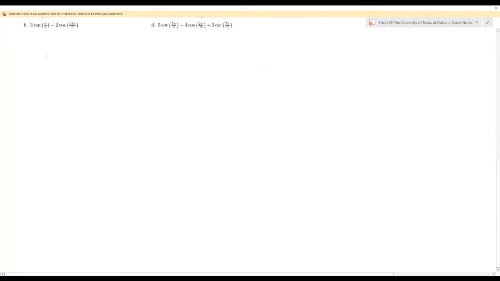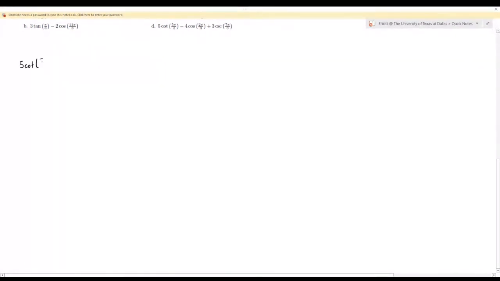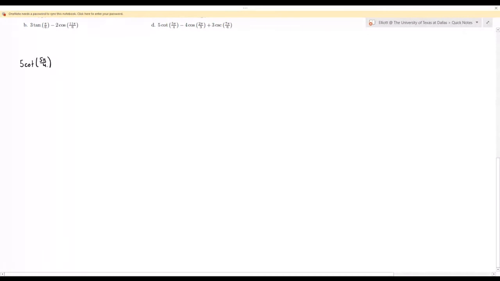Then yeah, let's look at this last one here. So you've got 5 cotangent of 5 pi over 4. And then we have minus 4 cosine 2 pi over 3.